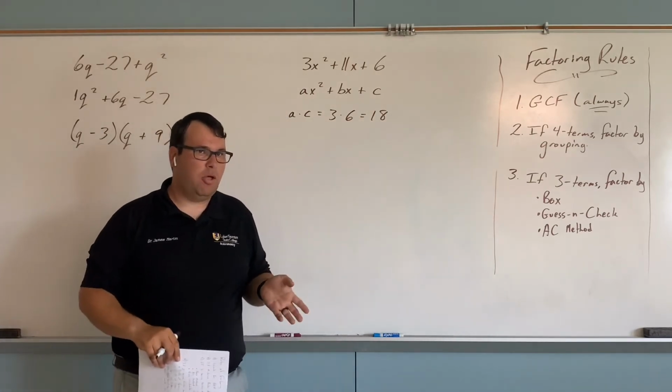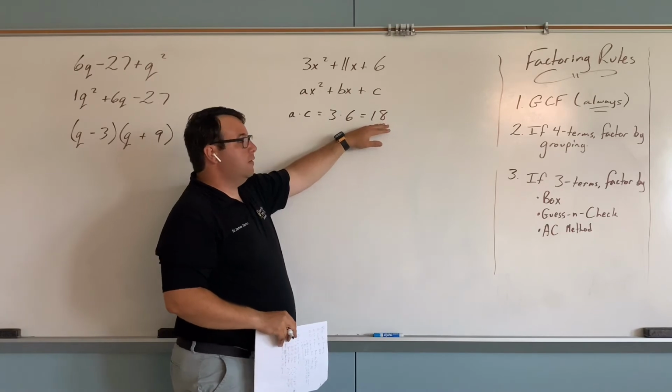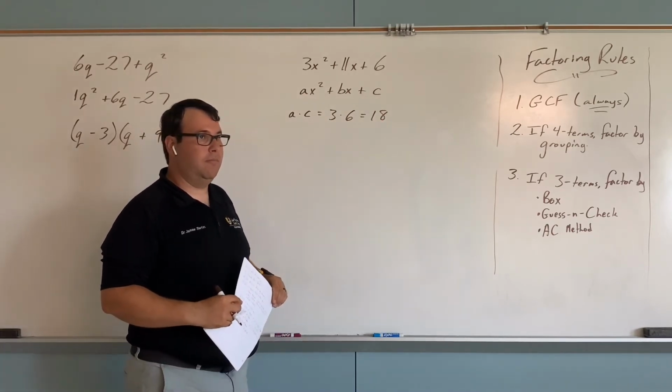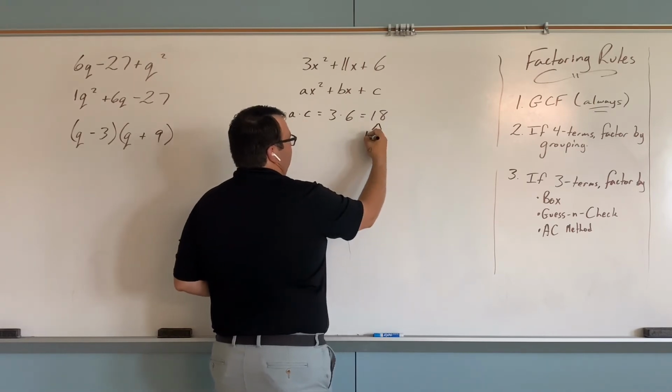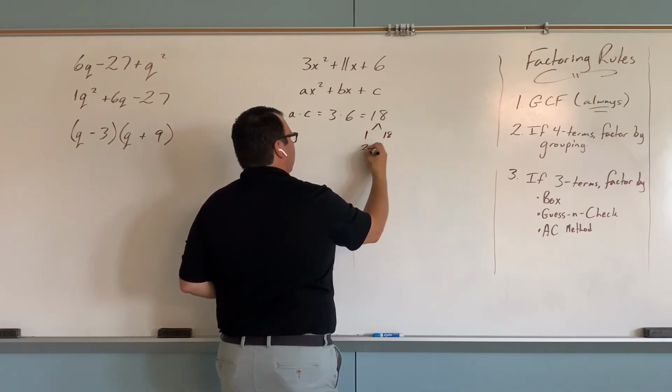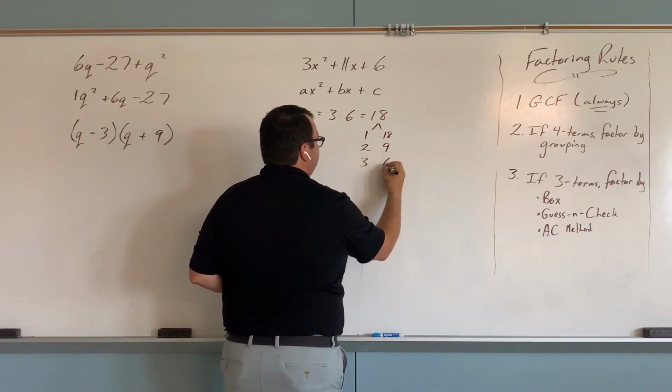Now, how does that help me? 18 can factor down into things like 1 and 18, 2 and 9, 3 and 6.